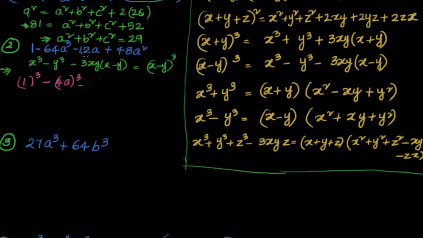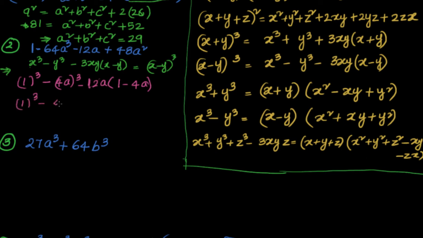According to this, if you see here, minus 12a plus 48a square, I can take 12 common. I will say minus 12a into (1 minus 4a). See here, this is x cube minus y cube minus 3xy into (x minus y). That means it should be 3xy. Let us check that again.